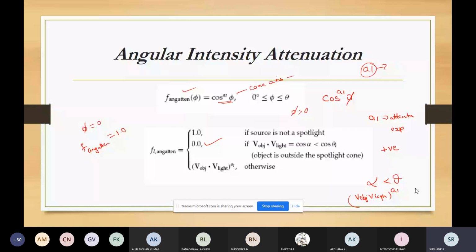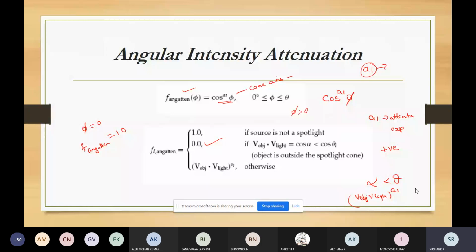You can compute it by using the cos value of the cone using equations like V object dot V light. V light means the unit vector along the light direction, and V object means the unit vector in the direction from the light to the object.